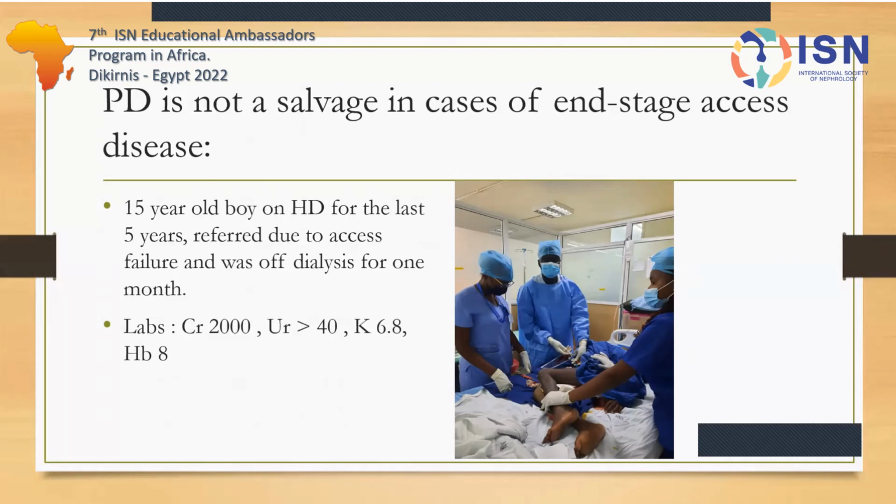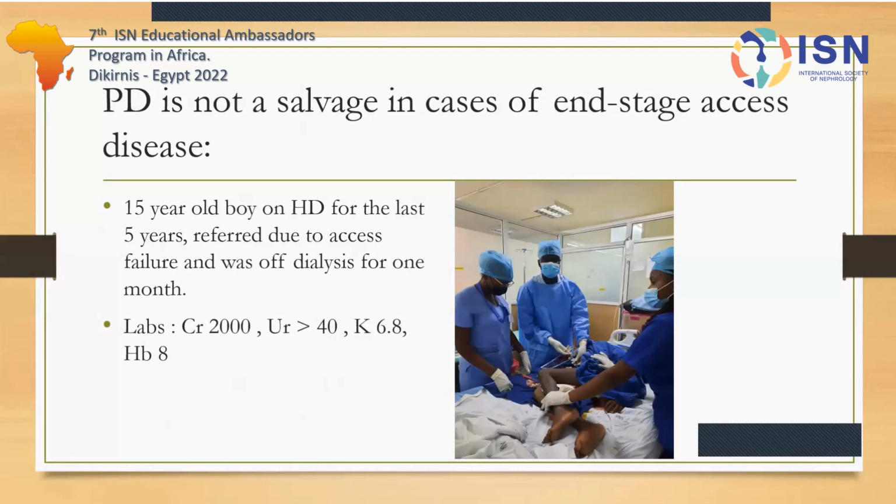This is the example of a small boy whom we have just seen recently, referred to our unit, 15 years old, on hemodialysis for the last 5 years, with complete access failure, and off hemodialysis for 1 month. You could see creatinine 2,000 micromole per liter, urea more than 40, K 6.8, and hemoglobin 8.